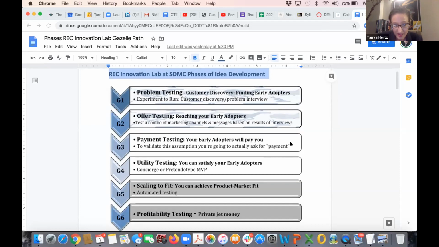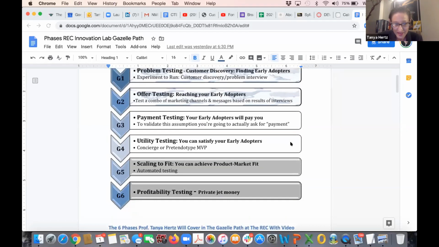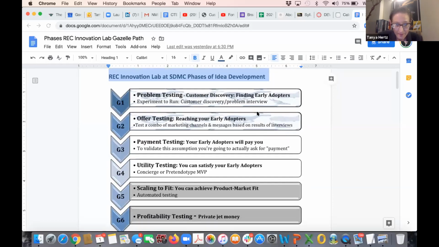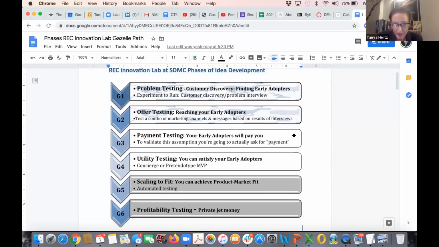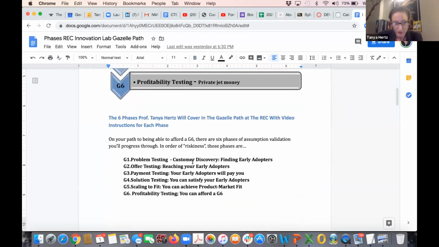Well, not together, somewhat together, somewhat individually, through the REC, through the Gazelle Path. Essentially today, what Lisa was talking about was this entire process from idea, way up here, all the way down to where you have created an MVP and are testing in the actual market.